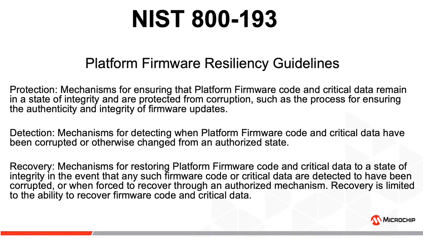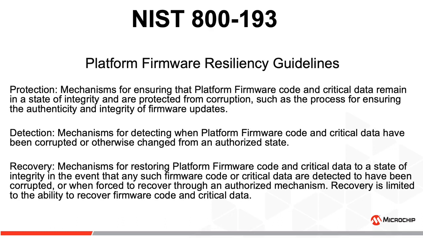As a response to a lot of the attacks that have been happening on the platform firmware, the NIST, which is the National Institute of Standards and Technology, developed the Special Publication 800-193 for Platform Firmware Resiliency Guidelines.